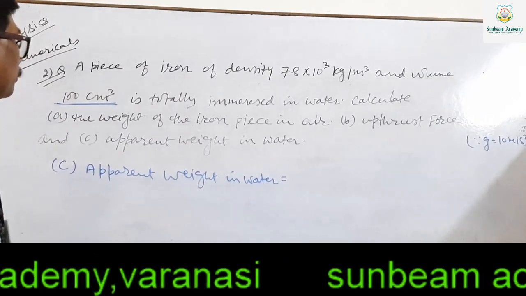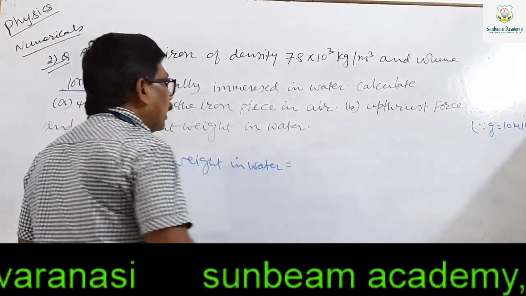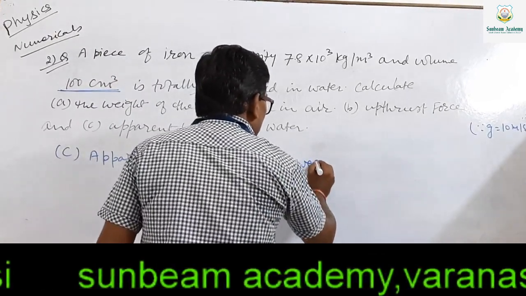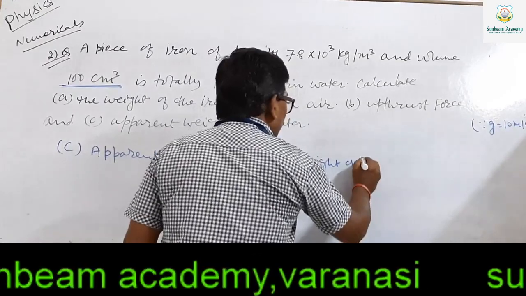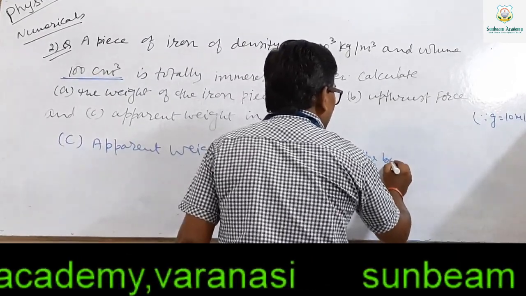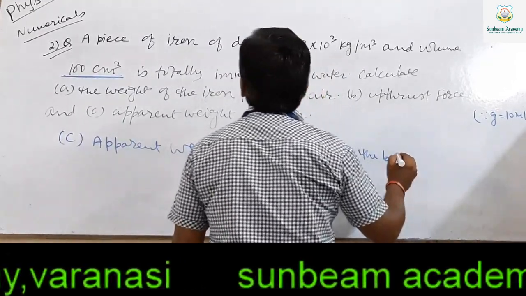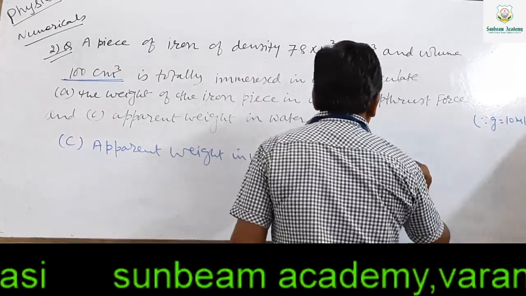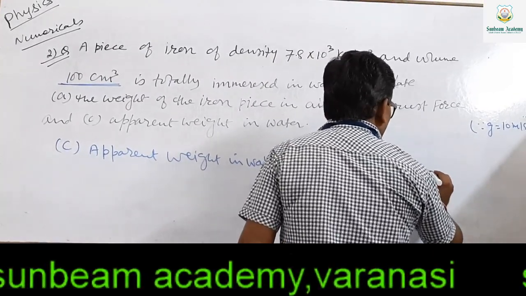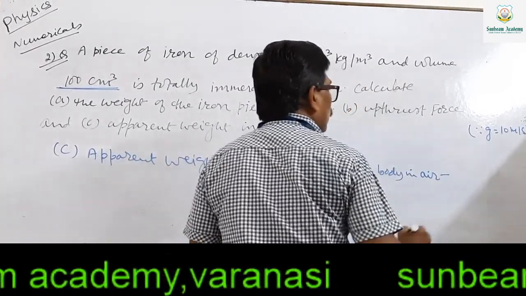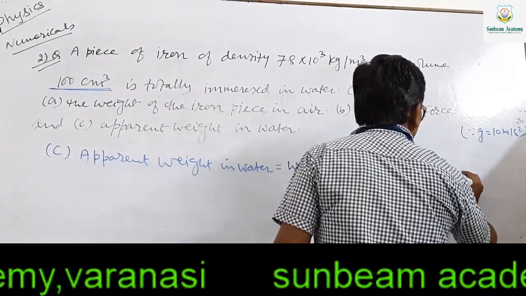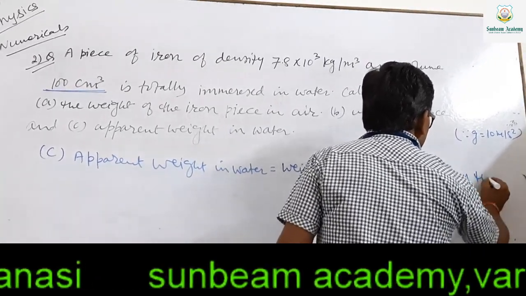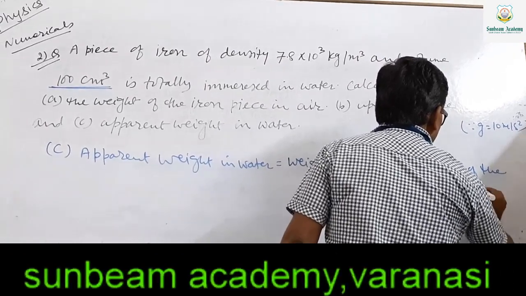For this, you have to take the weight of the body or iron piece, whatever the material is, in air minus the weight of the liquid displaced.